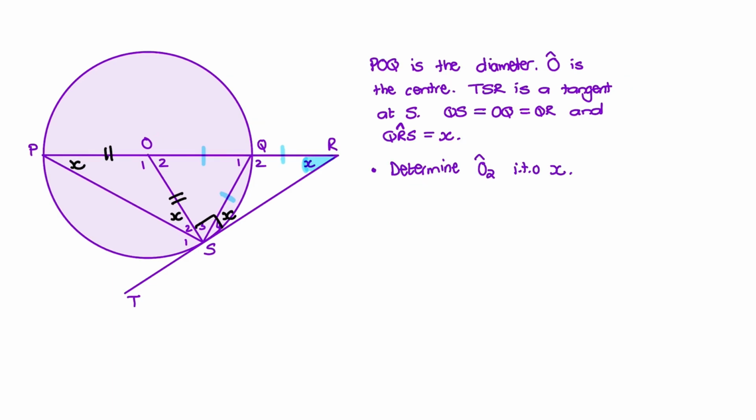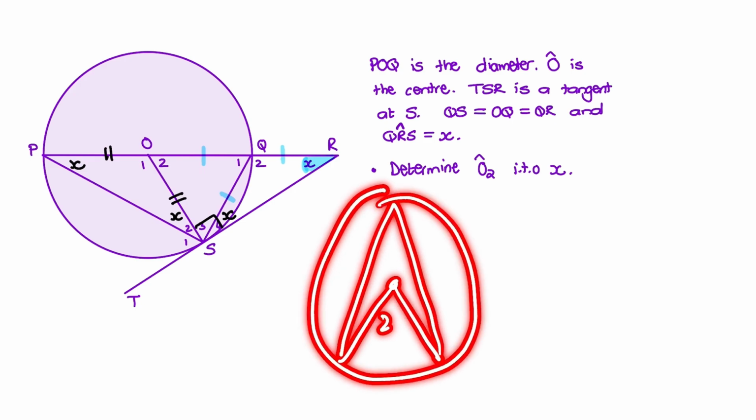The third question says, determine the size of O2 in terms of x. Now if I look at the position of O2, I see that that's the angle formed at the center of the circle. And what we know is that the angle at the center of the circle is twice the size of the angle at the circumference of the circle.